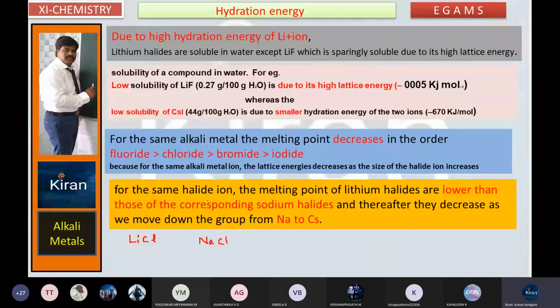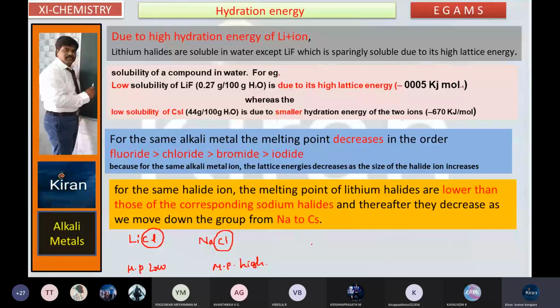The halide is the same, chloride. So sodium halide, its melting point is high, and lithium halide, its melting point is low. Clear? Thereafter, it decreases as we move down the group from sodium to cesium.